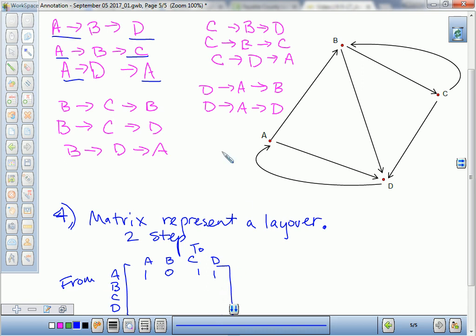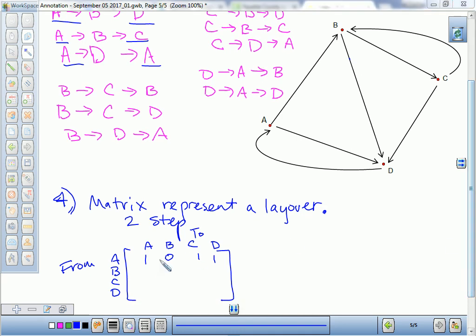Now, it could have been possible that there were more than 1 path that went from A to A, depending on how our digraph is set up. Like if this had arrows at both ends, that would mean I could go from B to D or D to B. So there could be 2 paths sometimes that take you from one place to another.